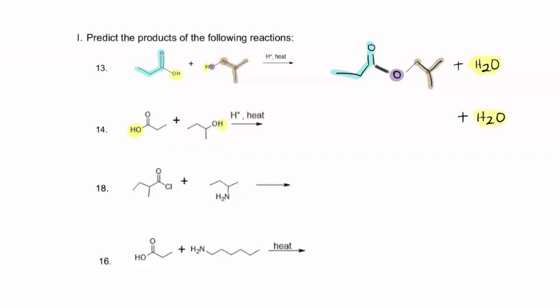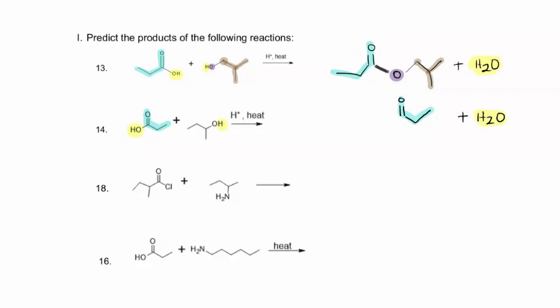Next, I'm going to redraw my carbonyl, C double bond O, with the group that is attached to it. Let me highlight it. C double bond O with the two groups that are there.